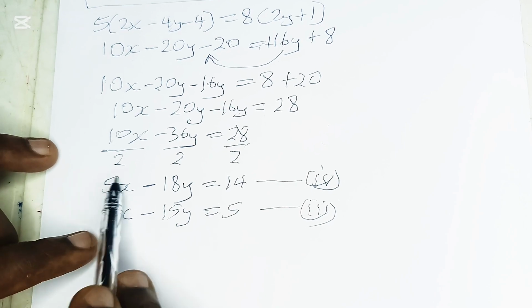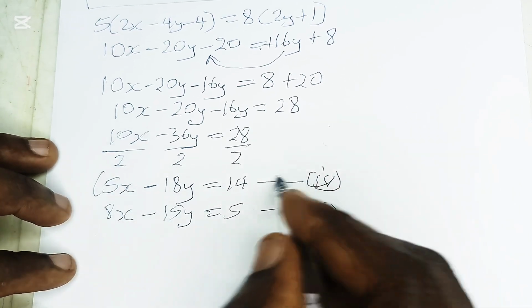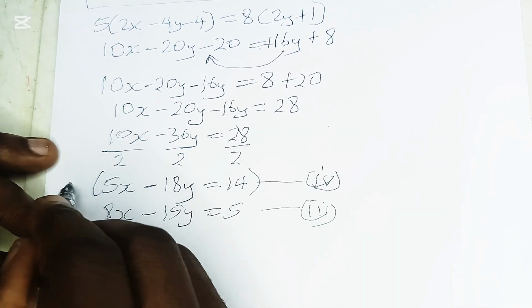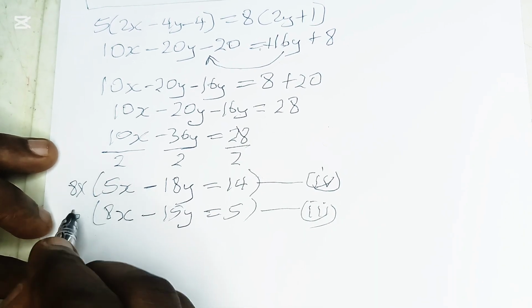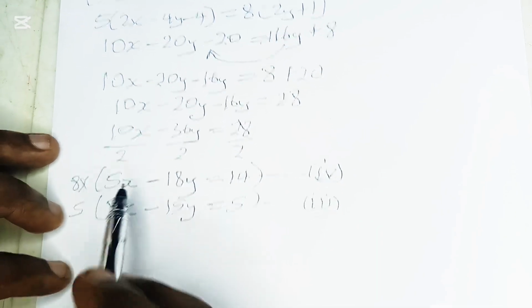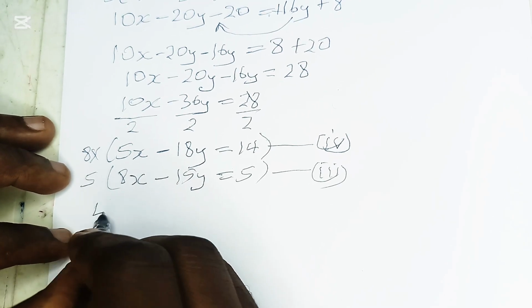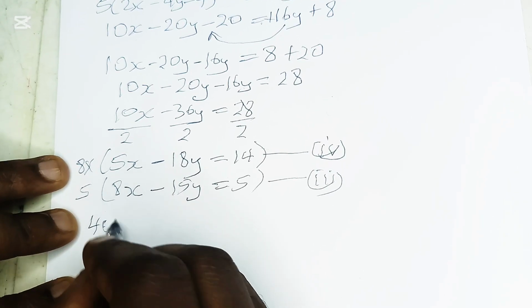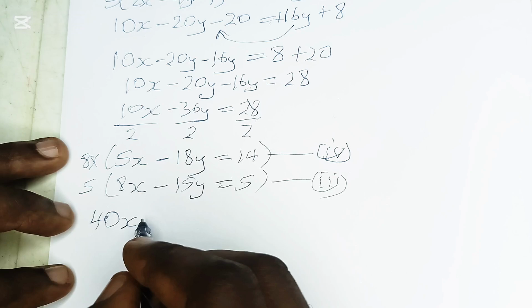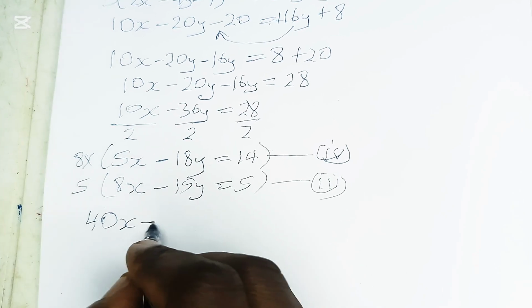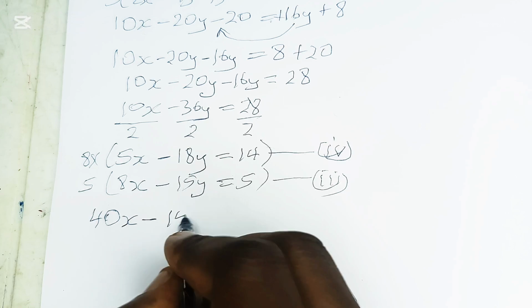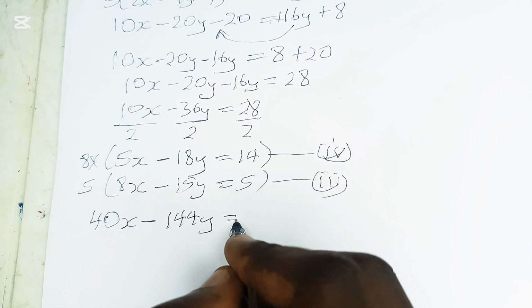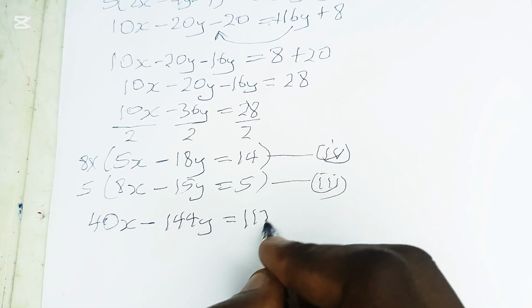Now, to solve this, we have to eliminate this. To eliminate this, 8 we multiply this equation, and 5 we multiply this equation. So 8 times 5, so we have 40x minus 8 times 18, so we have 144y. 8 times this, we have 112.